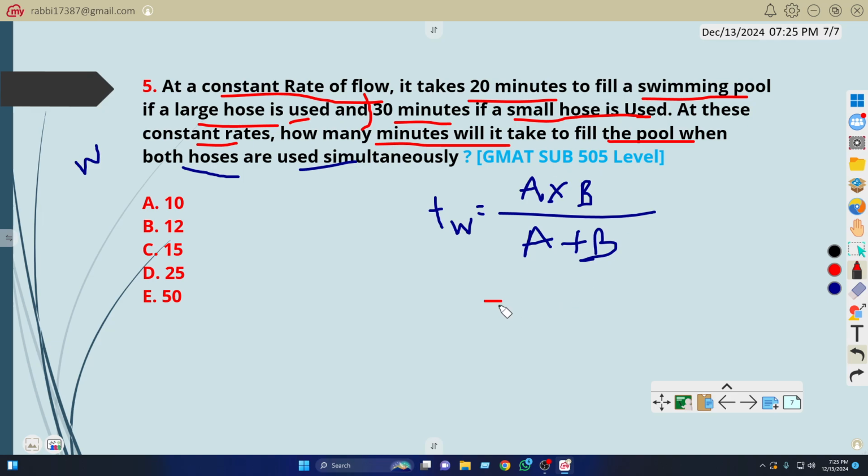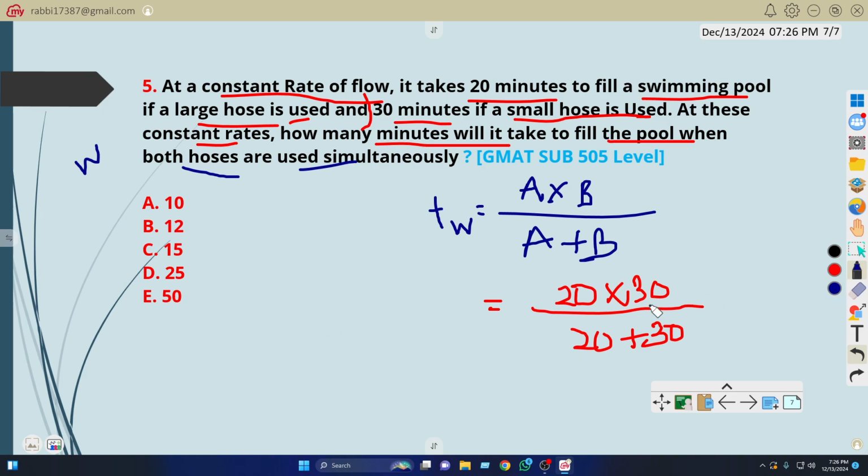So that is the first time of work done, which is 20 minutes. So A is 20 minutes, and we multiply by the second time of work done, which is 30 minutes, and then we add 20 plus 30, and that is the formula. So we can easily solve it.